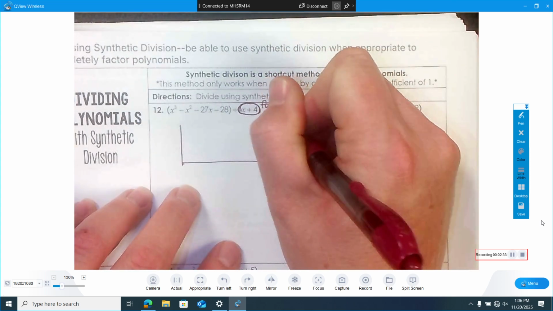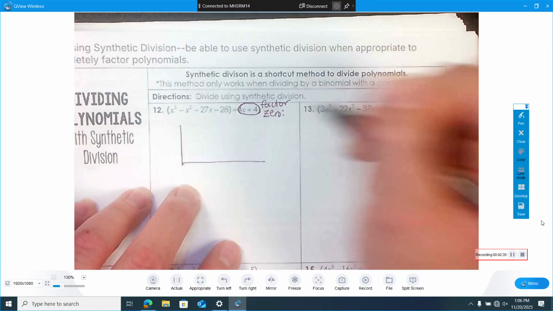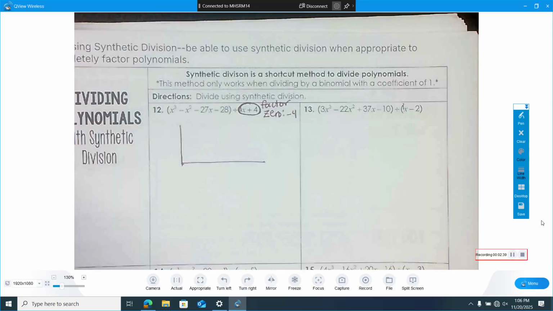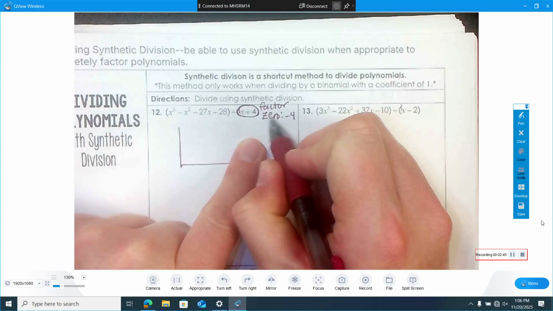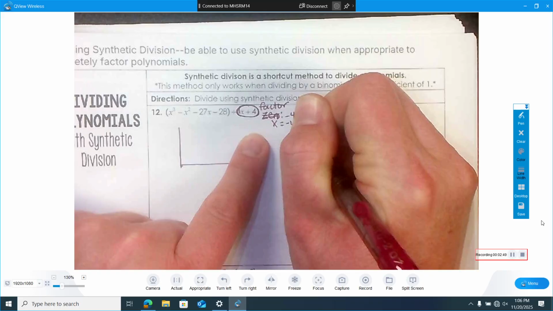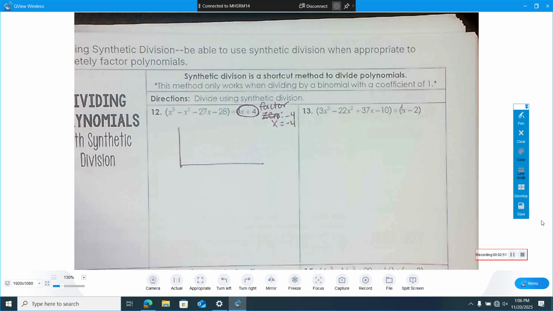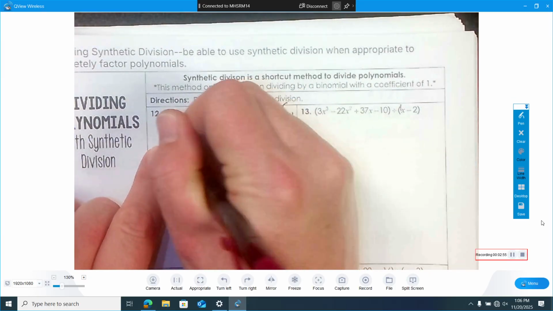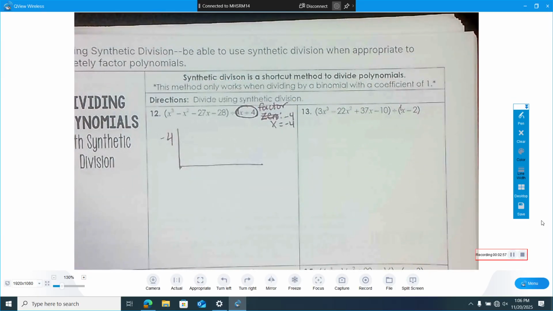What is the zero? Negative 4. If you take that bubble and solve it, x equals negative 4, and that value is what we place on the outside of our box.